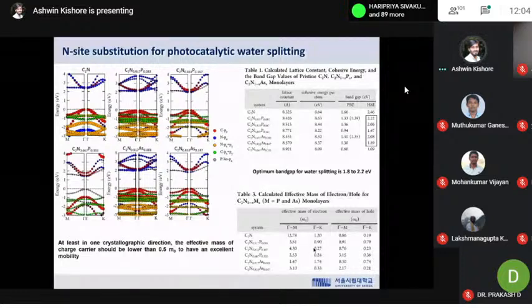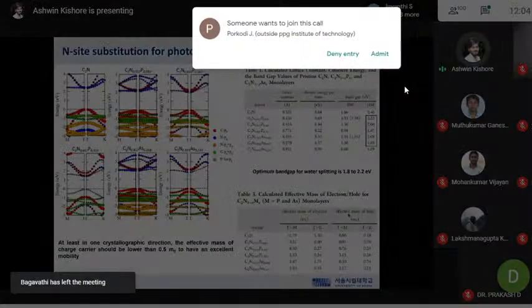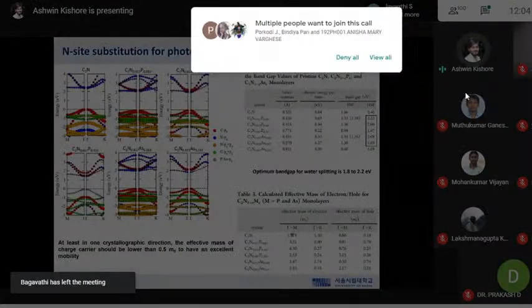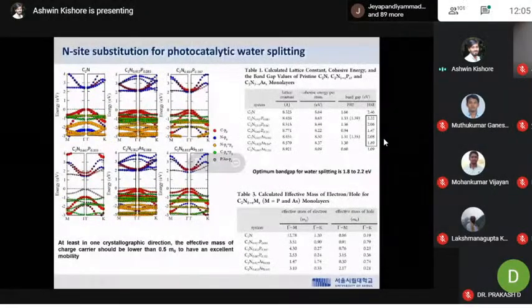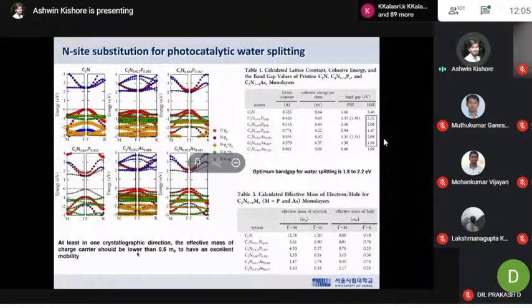Your material should have good carrier mobility in order to have good efficiency. We calculated the effective mass of electrons and holes along two different directions, gamma to K and gamma to M. At least in one crystallographic direction, the effective mass of the charge carrier should be lower than 0.5 m naught in order to have excellent mobility.